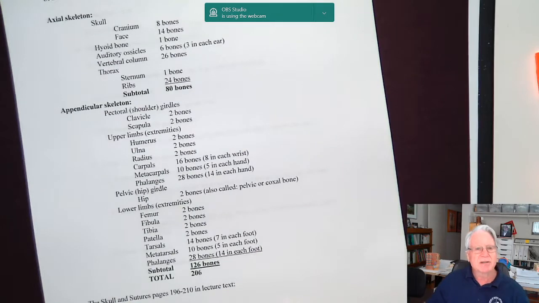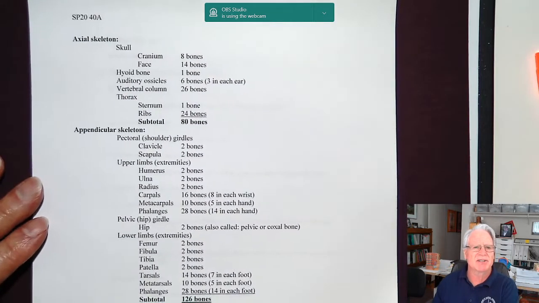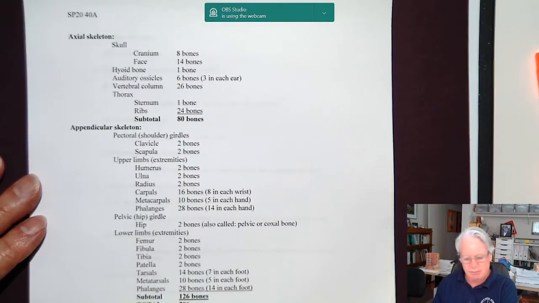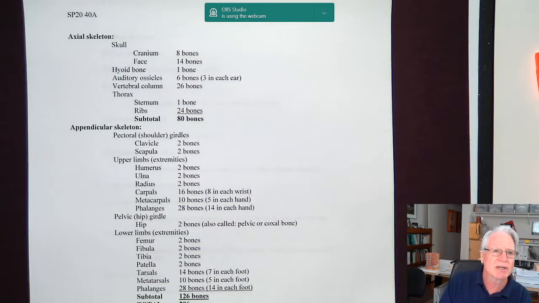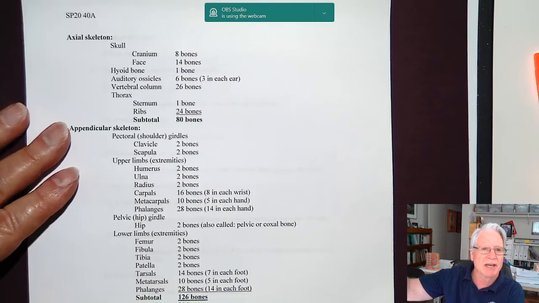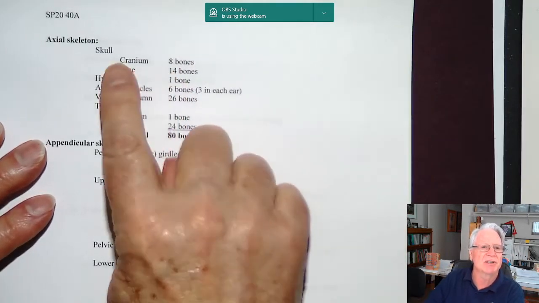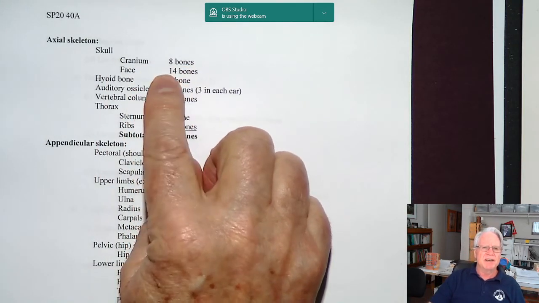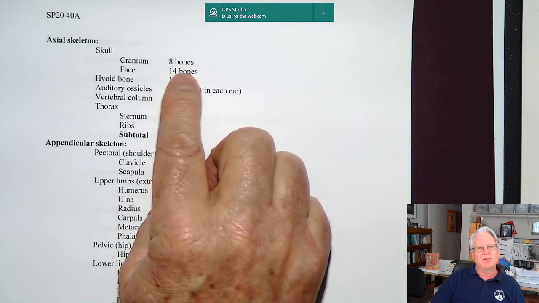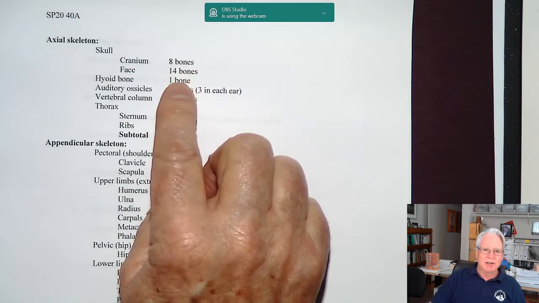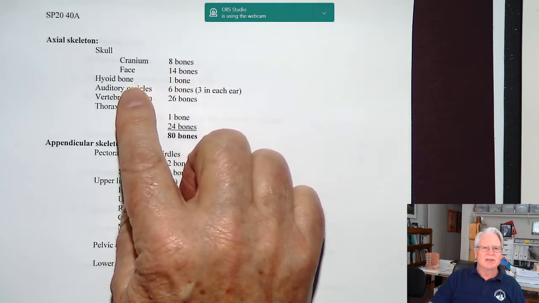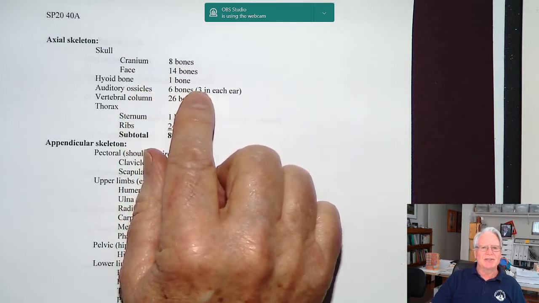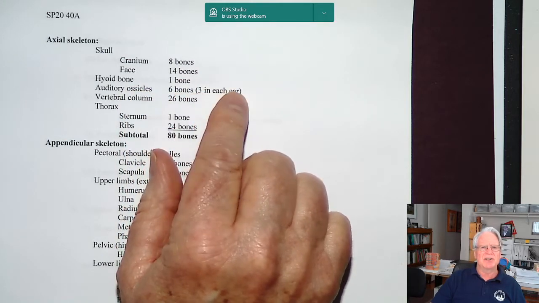And then I can take that same skeletal system and break it down a little bit more, and what we're going to look at and focus on in today's lecture is the skull. So 8 bones of the cranium and 14 facial bones. We will not cover all 14 facial bones. We'll take a look at the hyoid bone, the so-called auditory ossicles, in which there are a total of 6, 3 in each ear.